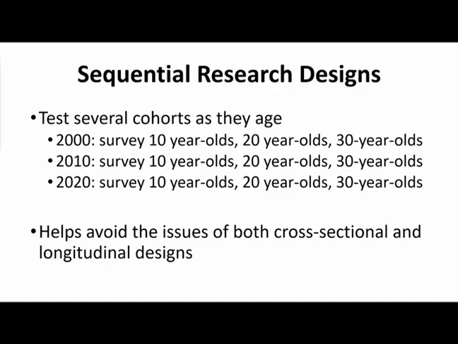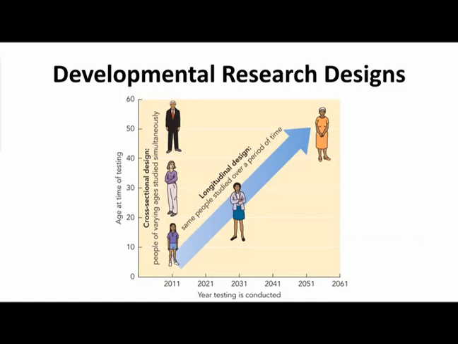It's kind of the best case scenario. Again, we run into the issue of it is time consuming. It's going to take many years to follow all of these people over long periods of time. It's also more surveys. So sometimes it's not feasible to use a sequential research design, but it is one of the best options that you can have when trying to conduct developmental psychology research.